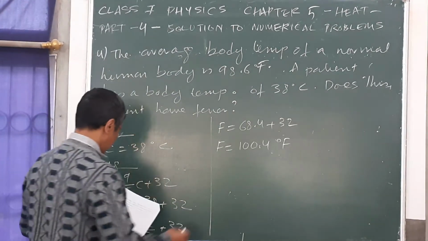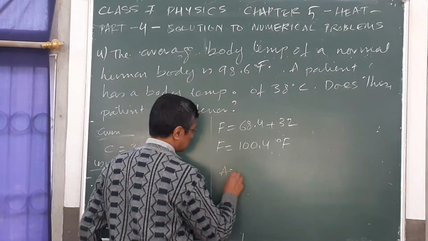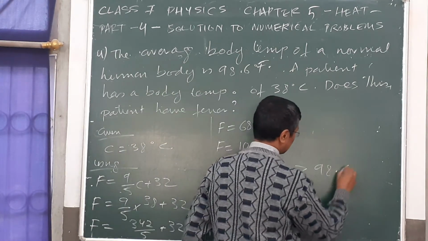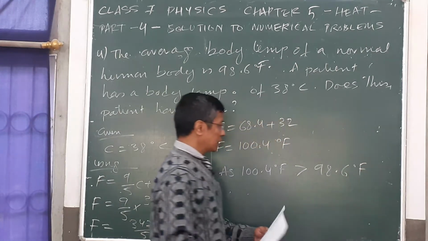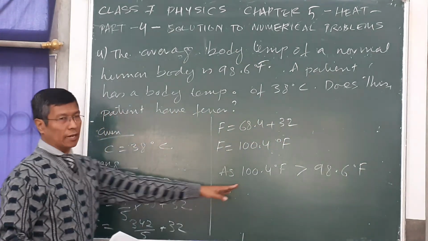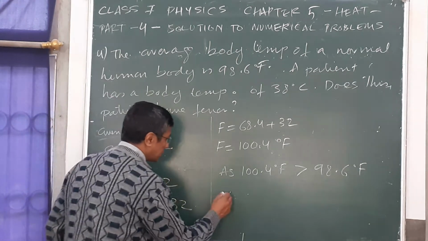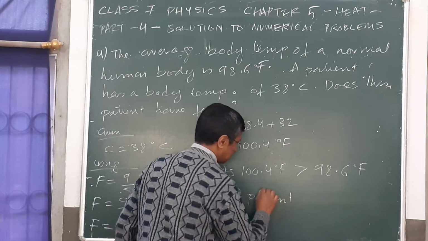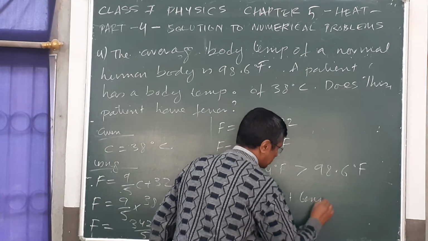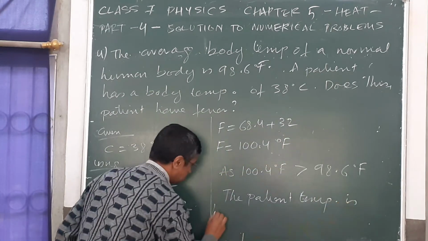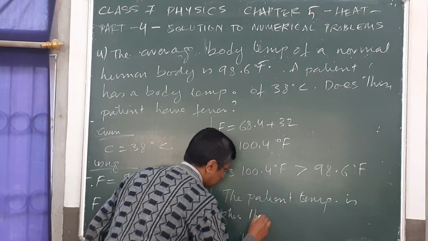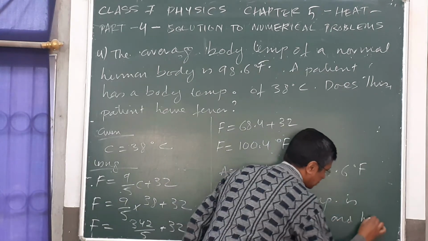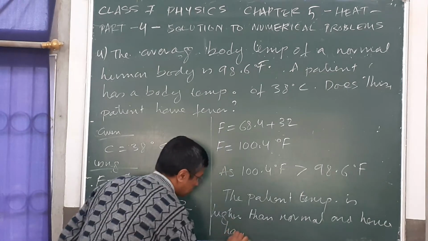Now, let us compare. As 100.4 degrees Fahrenheit is greater than 98.6 degrees Fahrenheit, which is the normal body temperature, obviously the temperature of the patient is higher than the normal body temperature. So, hence we can conclude that the patient's temperature is higher than normal and hence has fever.